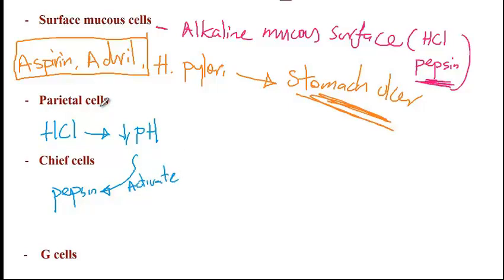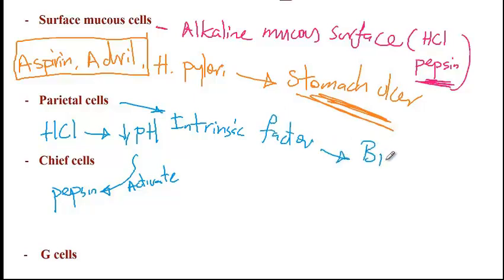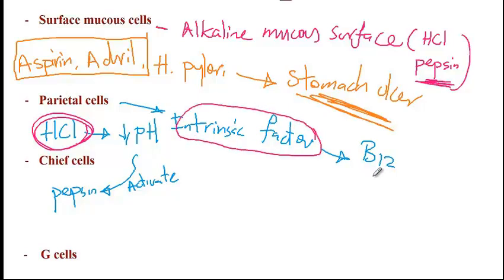The other function of the parietal cells is to produce intrinsic factor, which binds to vitamin B12 and helps its absorption in the ileum. So let's go over the functions of the parietal cell again. It produces HCl to lower the pH of the stomach, and it produces the intrinsic factor that helps with the absorption of B12. Now chief cells, on the other hand, produce pepsinogen.